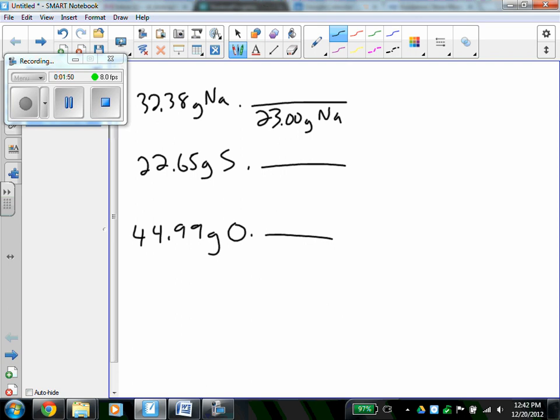Sulfur is 32.07, and oxygen is 16.00 grams.